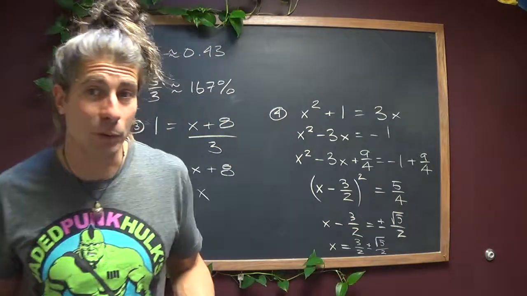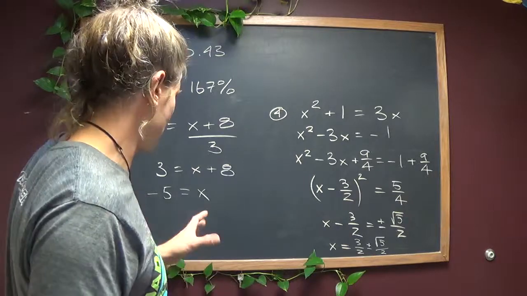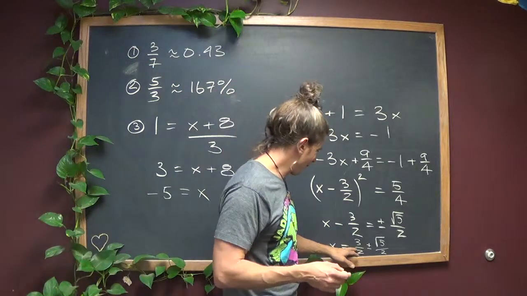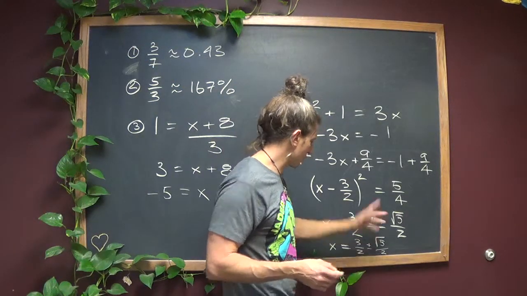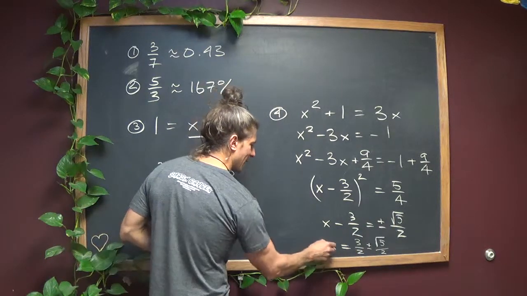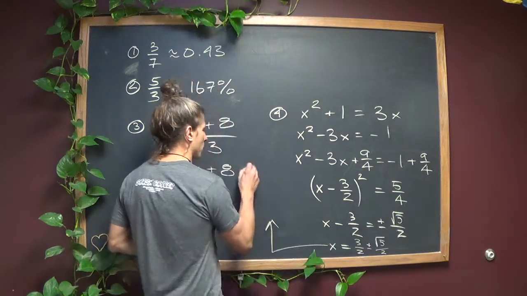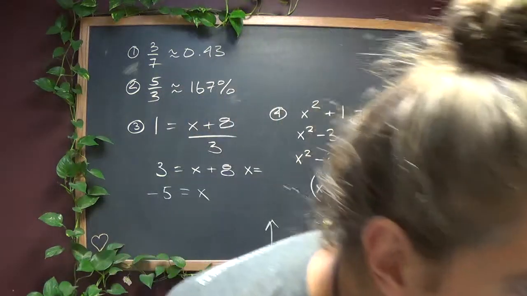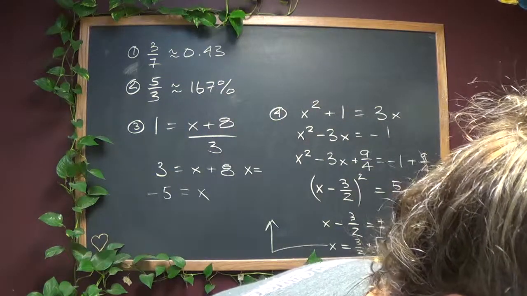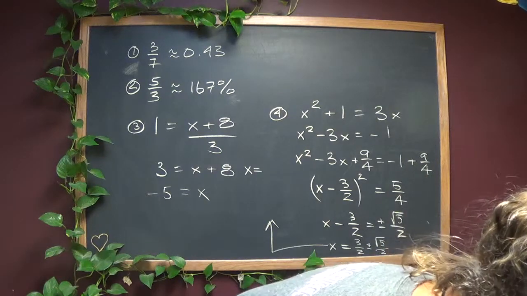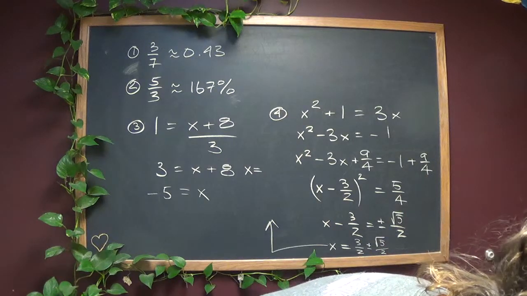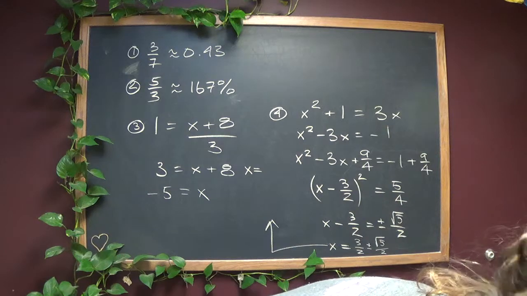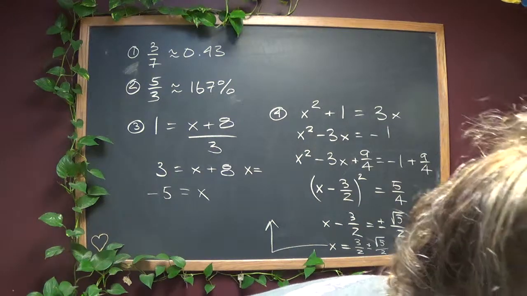You might give me a decimal response for that, which would be 1.5 plus or minus √5 over 2. Let's get some precision here. This is the exact answer. For approximate, let's use Google again and get some approximate values. If you have 3 halves plus square root 5 divided by 2, I get about 2.6.